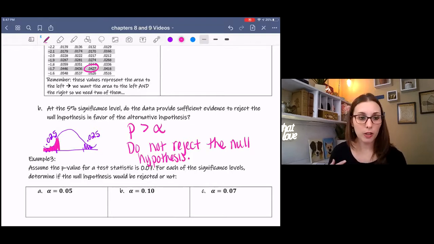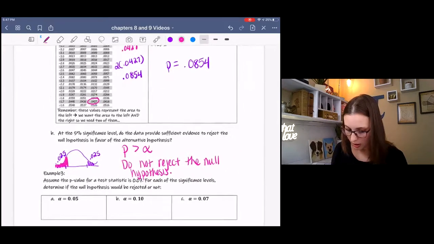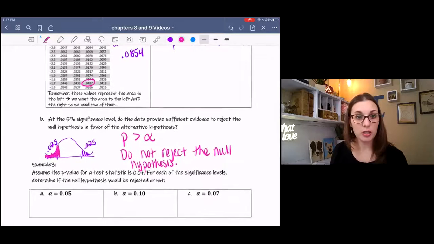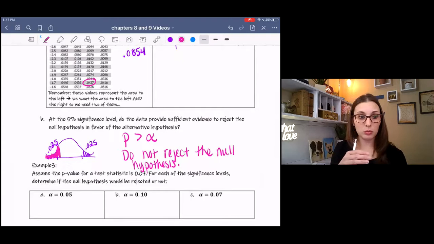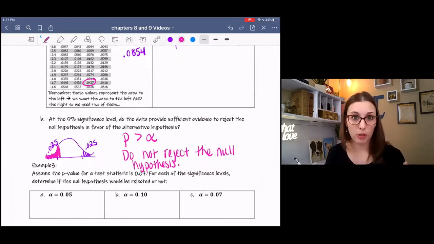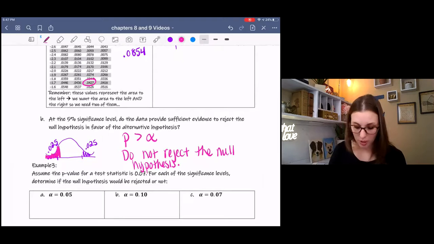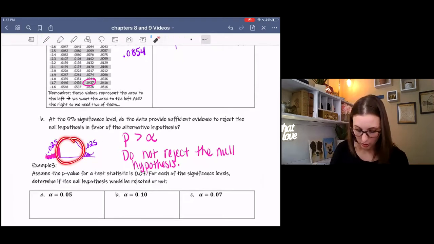The probability of getting this value, whatever it was that we're testing, is about 9%. Compared to a 5% significance level, that means that it's not statistically significant. It's within our non-rejection zone. So that means that our estimation for our population mean is plausible because it's in here.